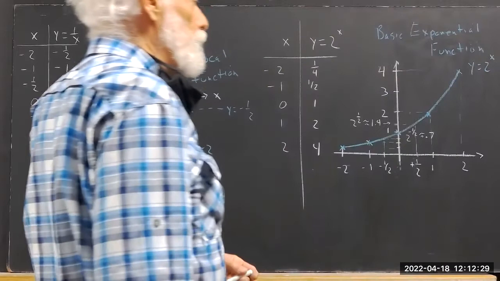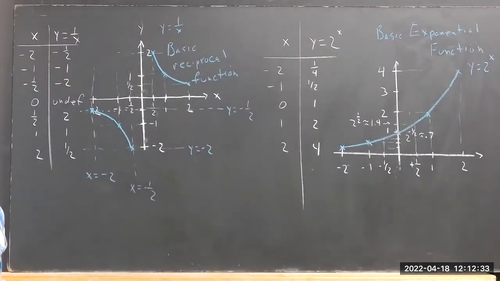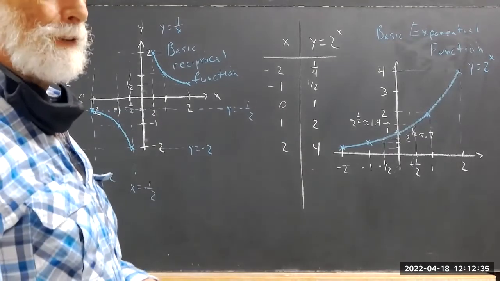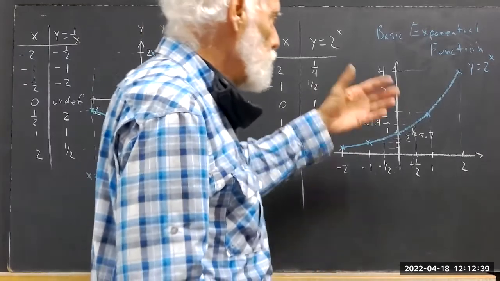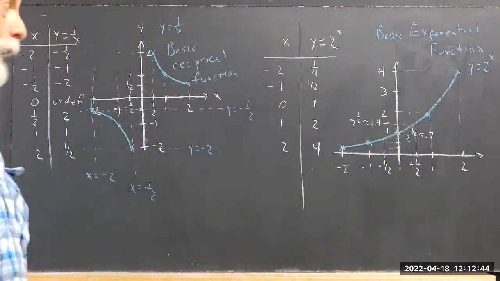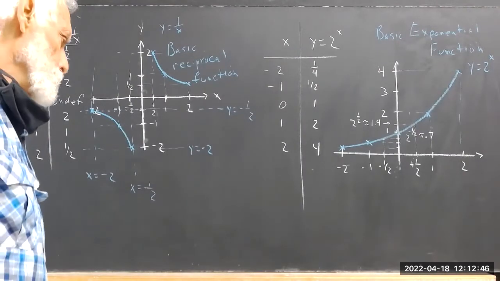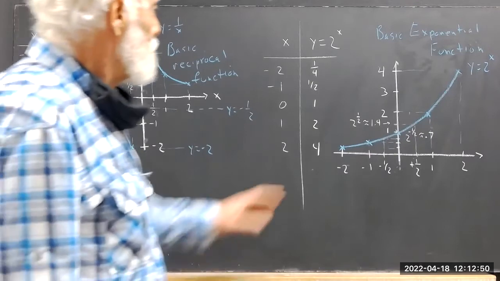And there's another one that's even more basic, y equals e to the x, where e is the Euler number, between 2 and 3. I'm not going to talk about that right now. When you get into calculus, you would begin to appreciate what's so neat about that function. Okay? But anyhow, there it is.